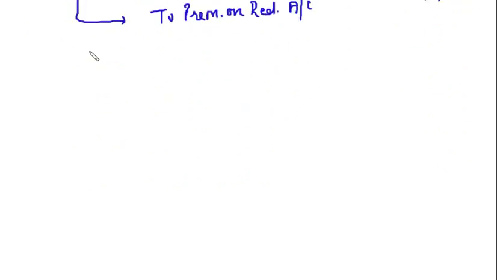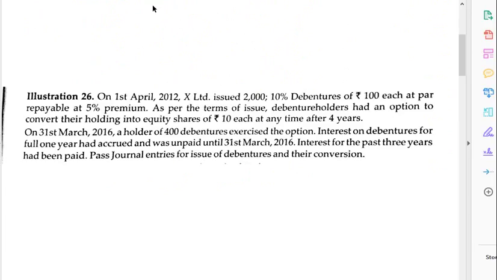Clear? Now, after 4 years, that is 31st of March 2016, he says, first the interest on debentures for full 1 year had accrued and was unpaid until 31st of March 2016. So we have to pass an entry for that. What will be the entry?